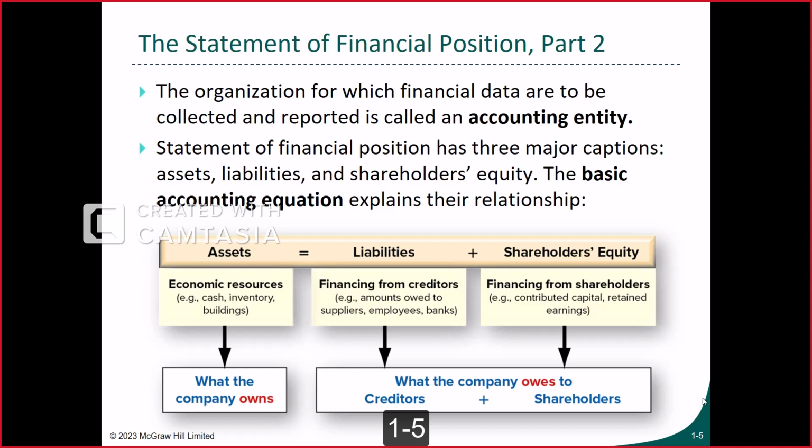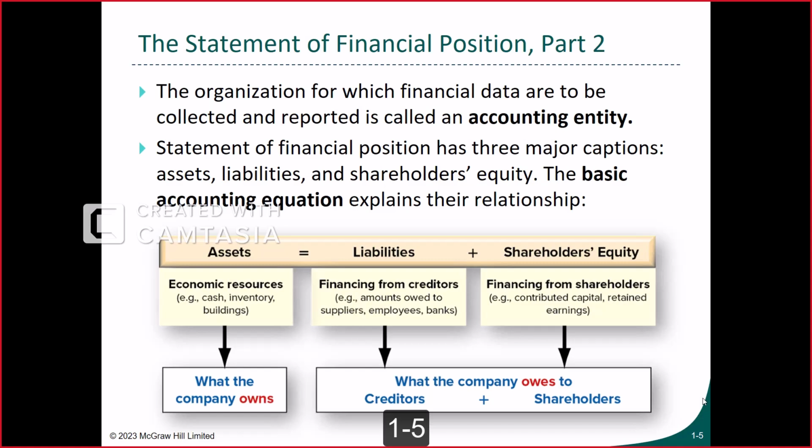Can you enumerate more kinds of assets? Cash, inventory, buildings. What else? Accounts receivable. Accounts receivable, exactly, yeah. Equipment. Equipment, yeah. Prepaid expense. Sorry? Prepaid expense, yeah.